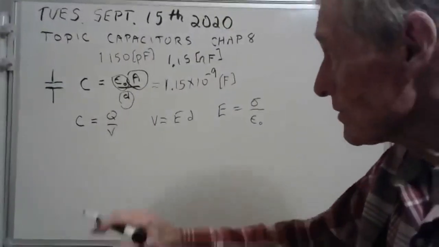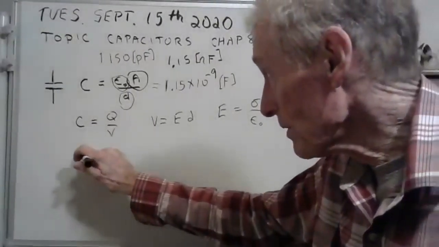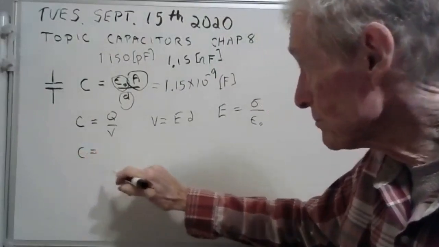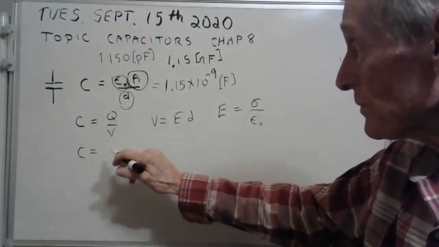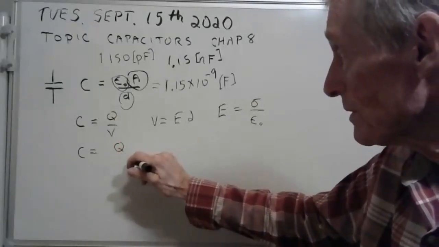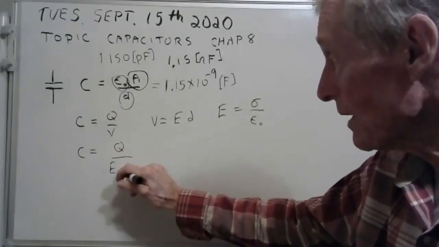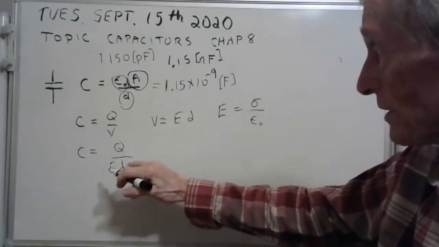And now we're going to do a little algebra. Here we go. We are going to put Q over ED. All I did was just substitute for the V. You can handle that.